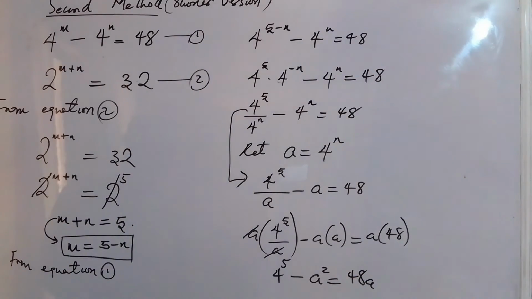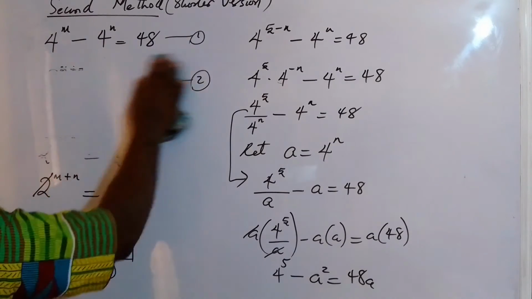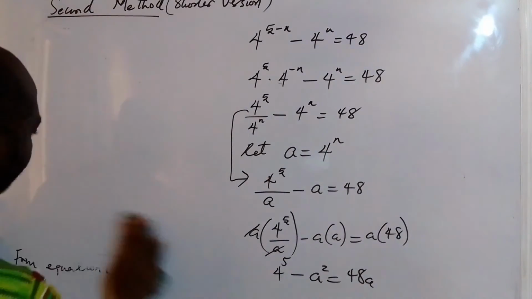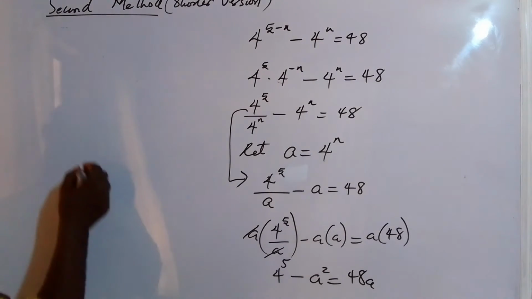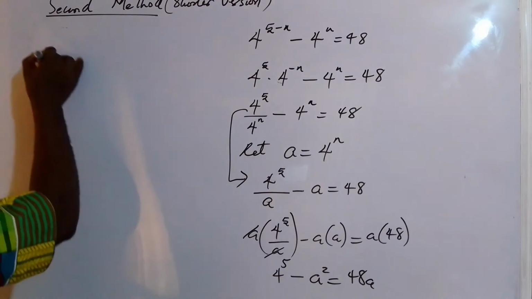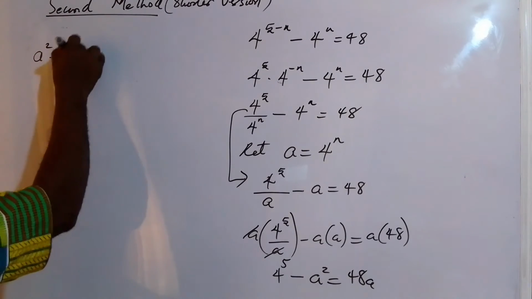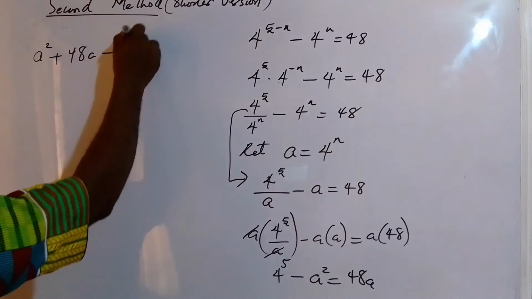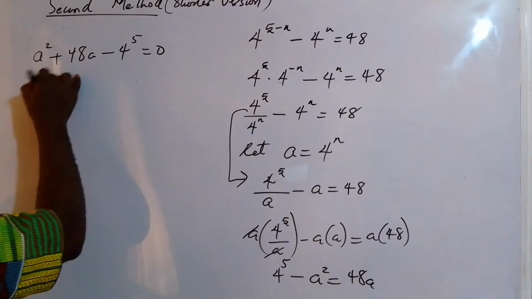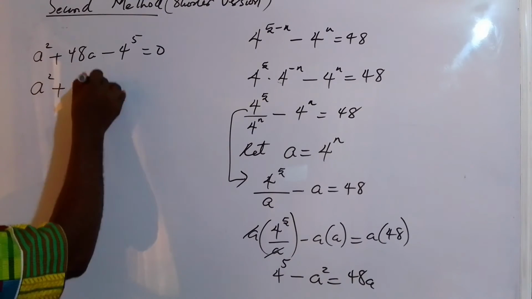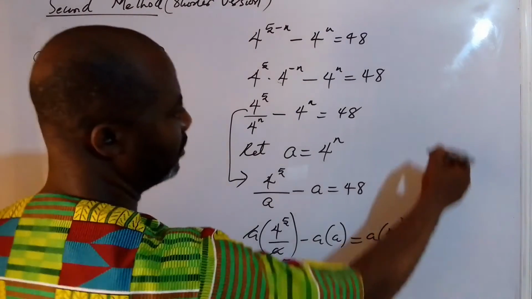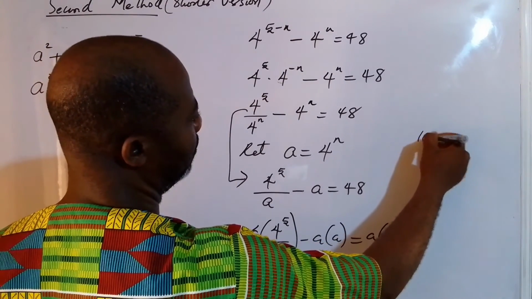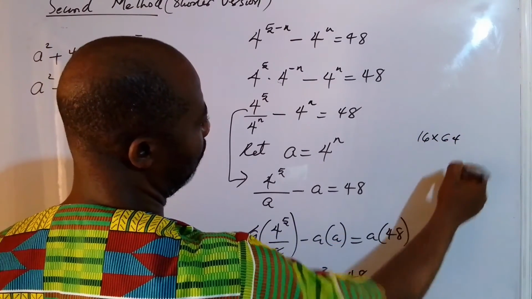So this is becoming a quadratic. I'm going to rewrite this as a squared plus 48a minus 4 to the power of 5 equal to 0. 4 to the power of 5 is 1024, which is like saying 16 multiplied by 64.